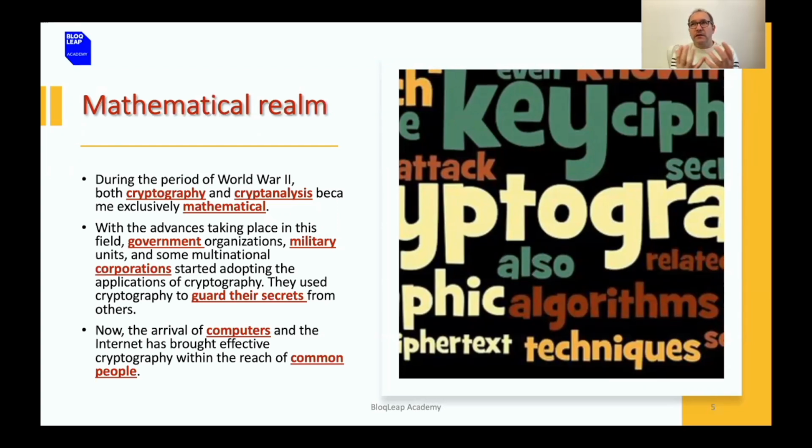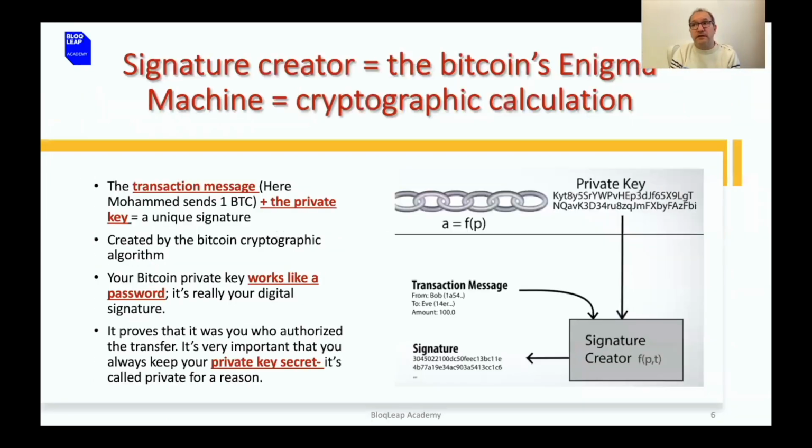Only in the 70s, 80s, these technologies started to be used by universities and people like you and me, all right? And then with the birth of computers, this cryptography reached a whole new level. And thanks to that, we've got Bitcoin today.